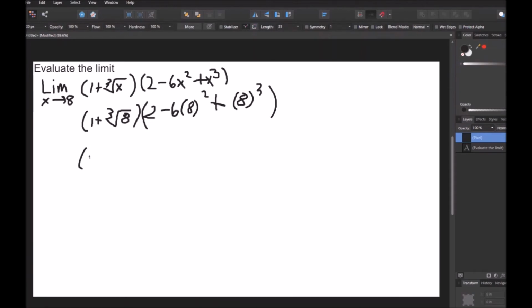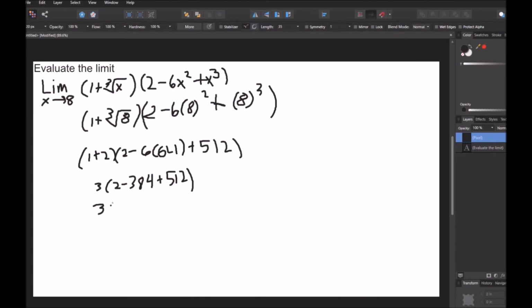So the cube root of 8 is 2, so it's 1 plus 2 times 2 minus 6 times 64, because that's 8 squared, plus 8 cubed, which I don't know off the top of my head, so I'm going to use a calculator to find that as 512. So that's 3 times 2 minus 6 times 64 would be 384 plus 512.